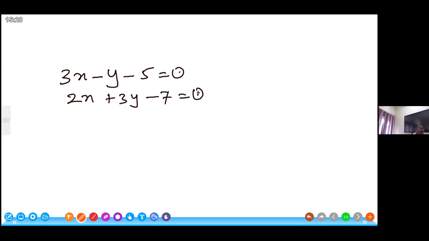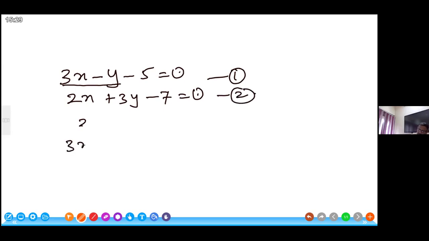Linear equations. We can solve them using the matrix, and I will start from the very basics. We can bring it in terms of x and y equal to the values. This is the first equation, this is the second equation.